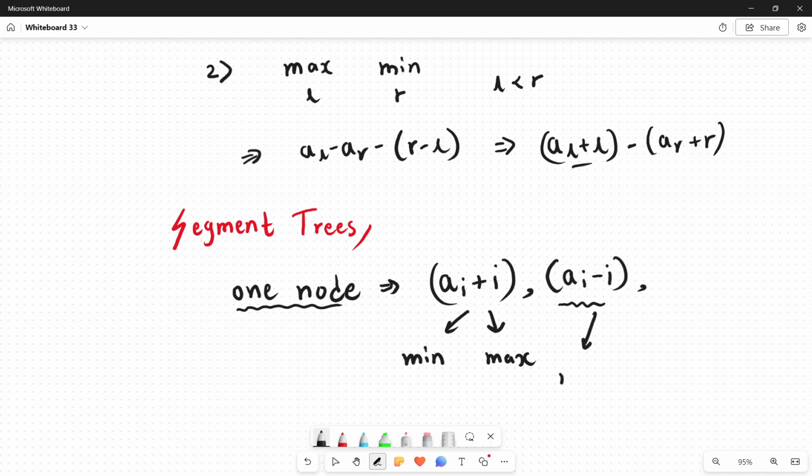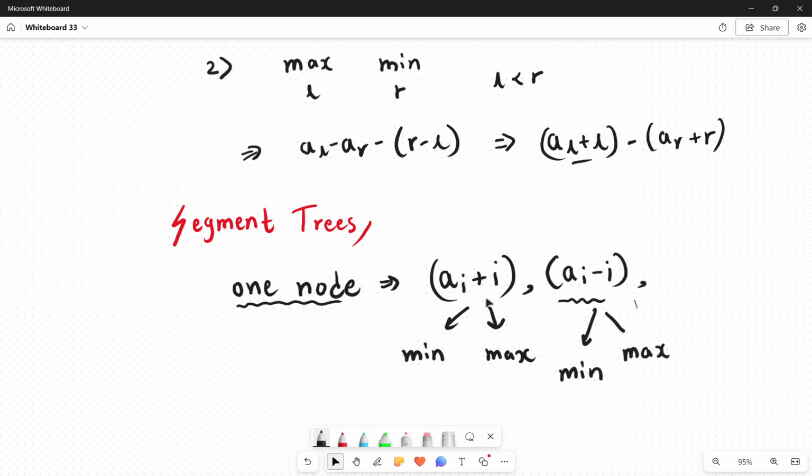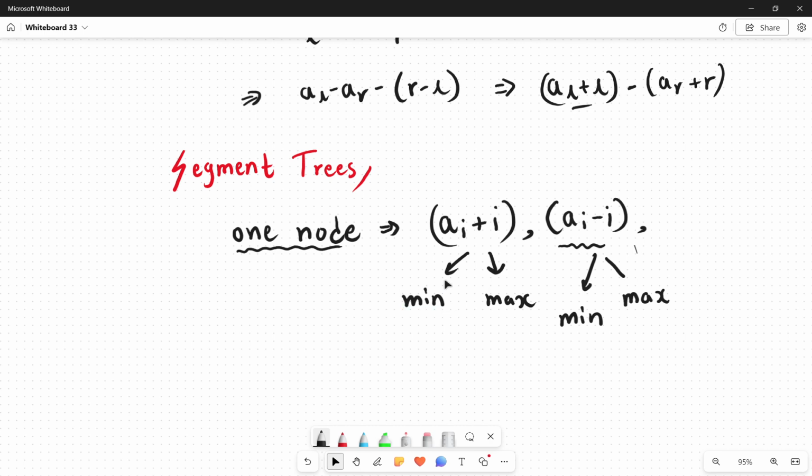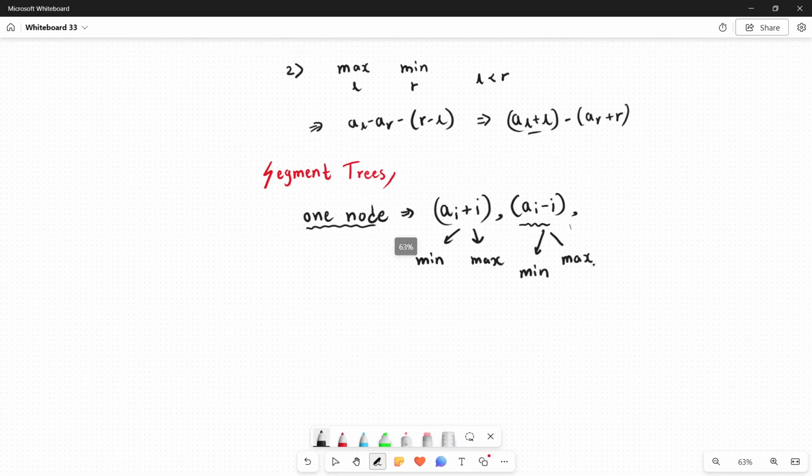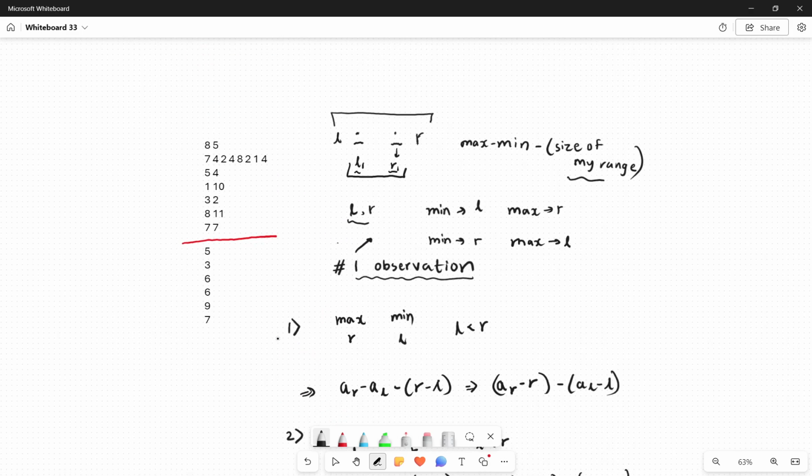Here also I need to store the minimum of ai minus I in the range, whatever range the segment tree node has, and also the maximum of ai minus I. So why do I need to store that? You'll get to know quickly. And one more thing, we need to store the answer as well, the answer based on the range in the segment tree.